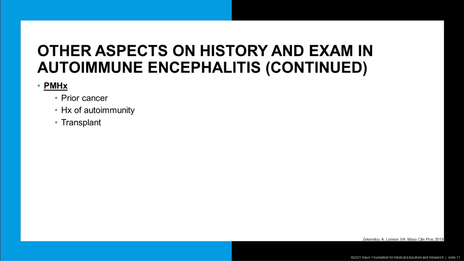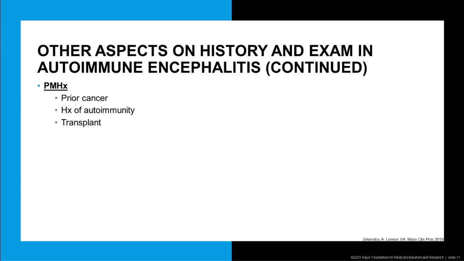Some other aspects, it's important to ask patients if they have a history of cancer, particularly small cell lung cancer. We know that sometimes patients can present with their first presentation of a paraneoplastic encephalitis in the setting of a cancer recurrence. So that can be important. And while most patients present prior to the cancer being known, some patients can present after the cancer is known.